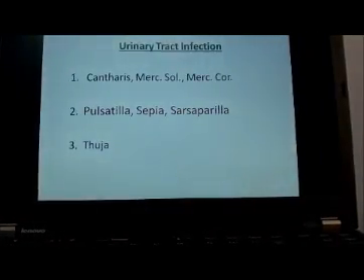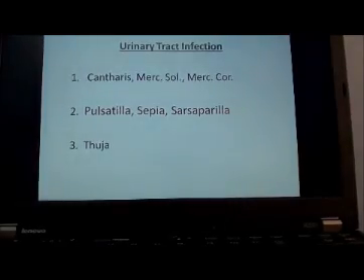Remember that. Now there is another group of drugs as I told you earlier. Pulsatilla, Sepia, Sarsaparilla. You know Pulsatilla and Sepia, of course, the indications from our earlier talk. Sarsaparilla, the most prominent symptom is pain at the end of urination.